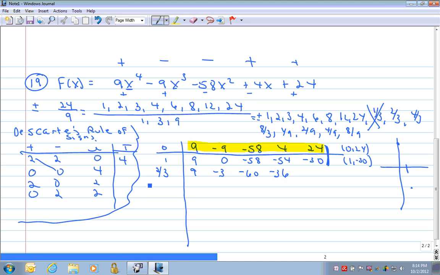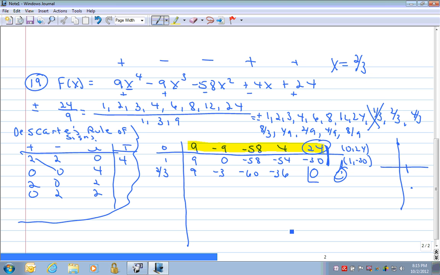And finally, 2/3 of 36. 3 goes into 36 12 times, and 2 times 12 is negative 24. Negative 24 and positive 24 give me a 0, and we get the happy guy. All right, so one of our solutions is 2/3. That's one of our solutions.